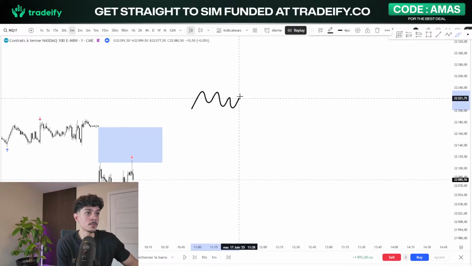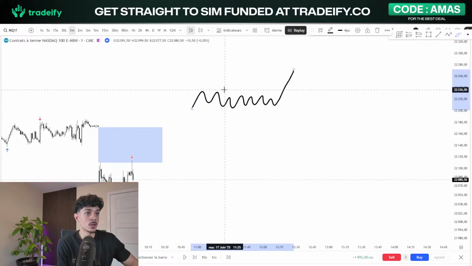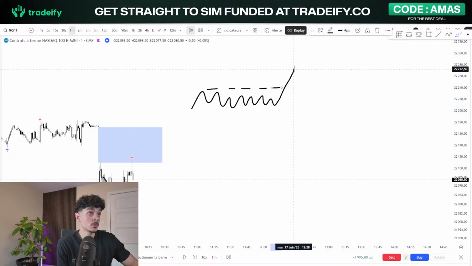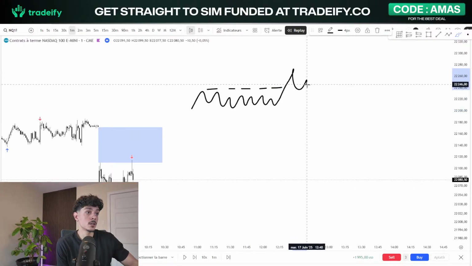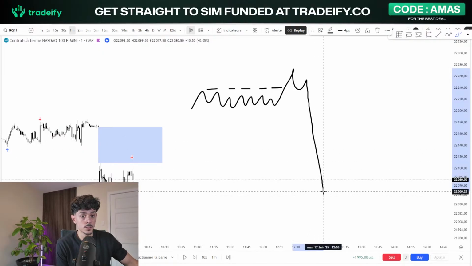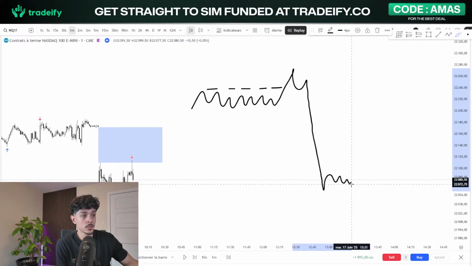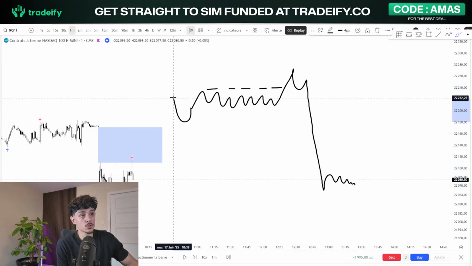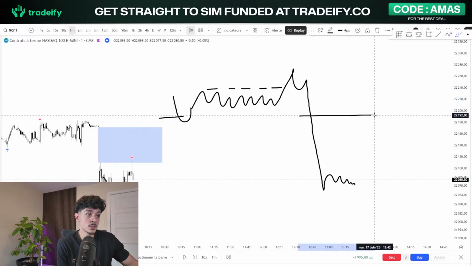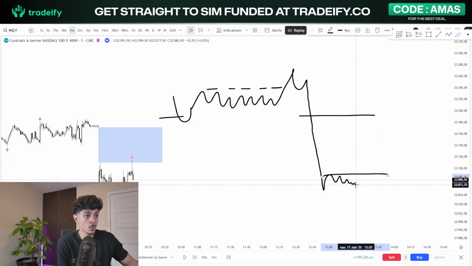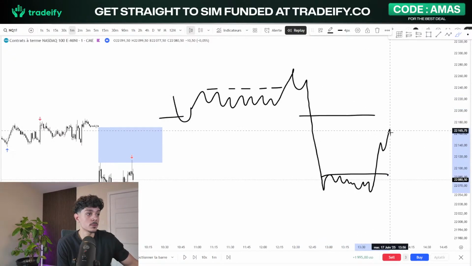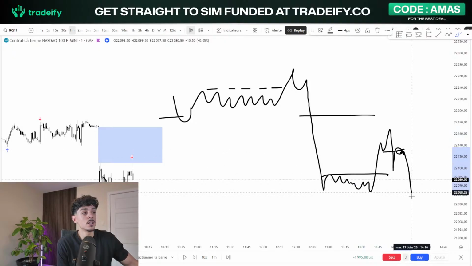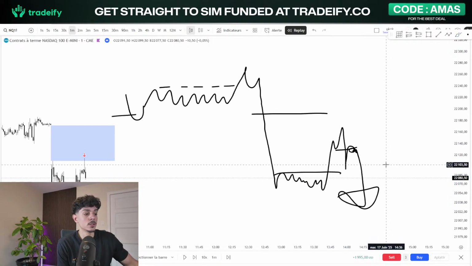Asian will chop, London will take out the high of Asian, form possibly the real high of day, market structure shift right here, and New York will open. And as soon as New York opens right here, what does that mean? If New York closed right here on the previous day, it means there's a gap. And if there's a gap, what will most likely happen? Buy side gets swept, market structure shift to the downside, and that would be your New York continuation, London reversal.